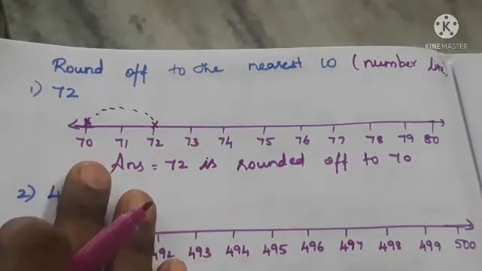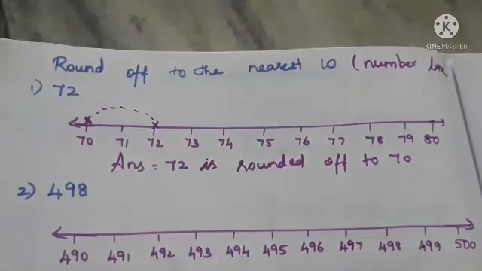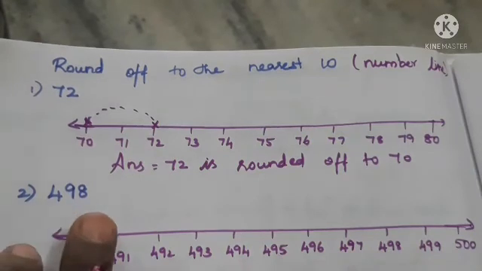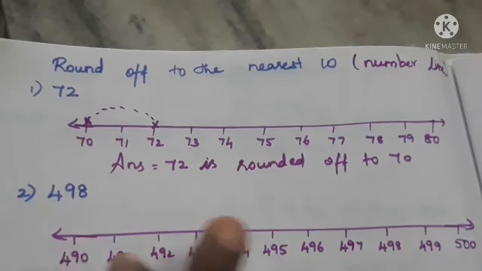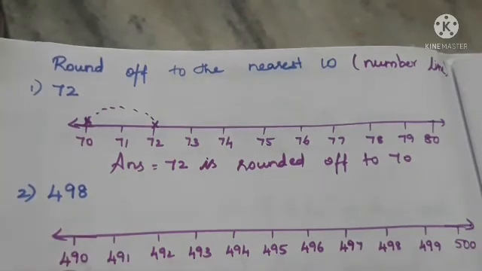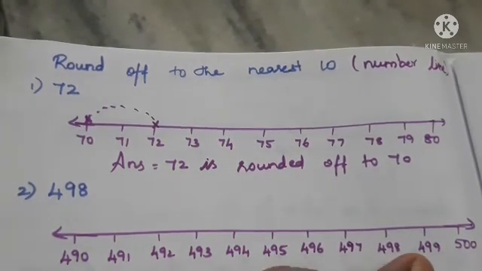On the left side we write the smaller one, 70, and on the right side the greater value. Likewise here, 498 lies between 490 and 500. So we start from 490, 491, 92, 93, 94, 95, 96, 97, 98, 99 and 500.